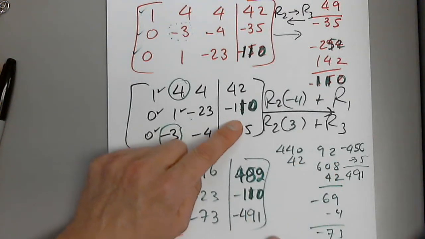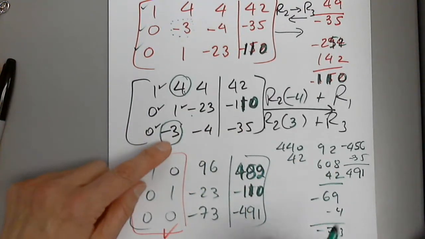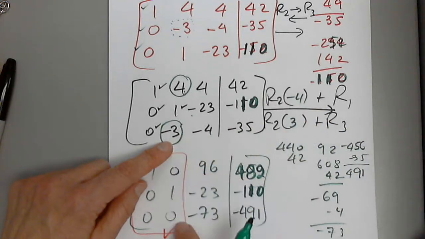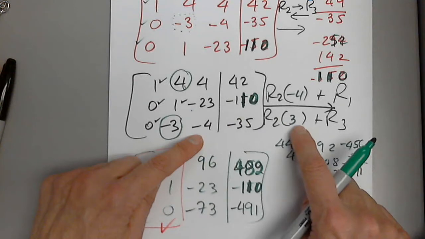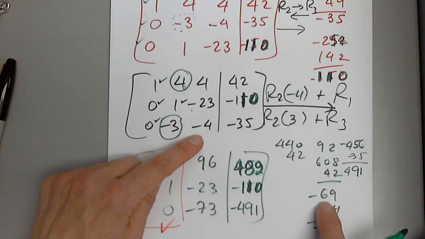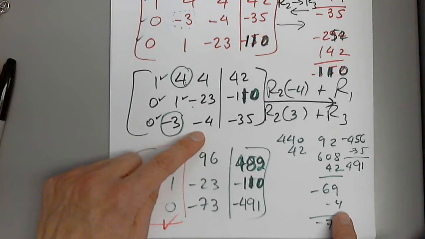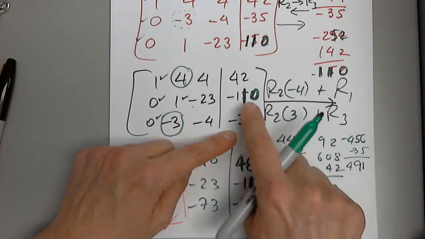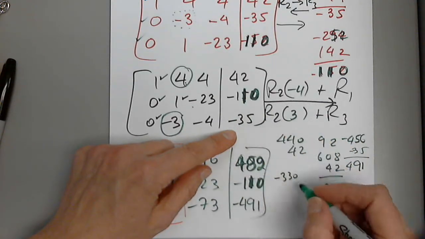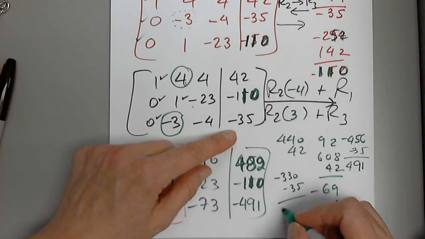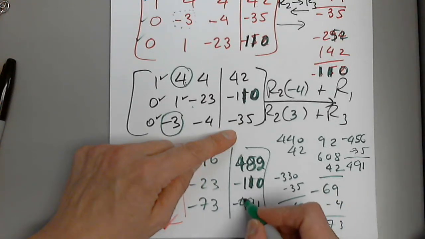Okay. Now 1 times 3 minus 3 is 0. -23 times 3, I got -69, and minus 4 is -73. This times this, I got -330, and then minus 35, so -365.